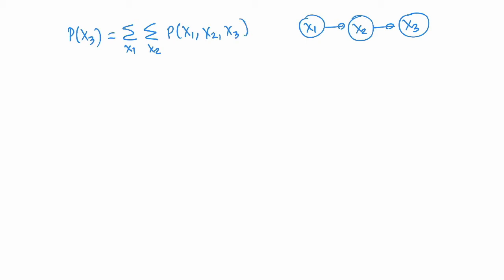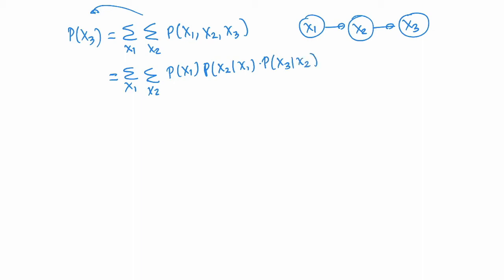Again, you can think the other way around, that is marginalization: when we have the joint and we sum the variables, we get the marginal. And as we come from here, we can rewrite this using the chain rule for the Bayesian network as the probability of x1 times the probability of x2 given x1 times the probability of x3 given x2.